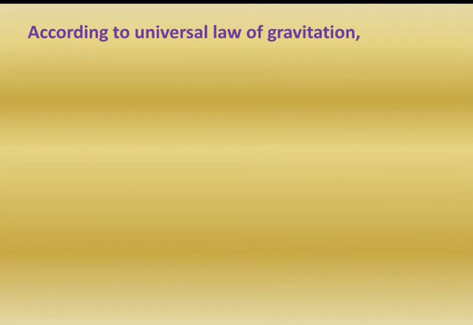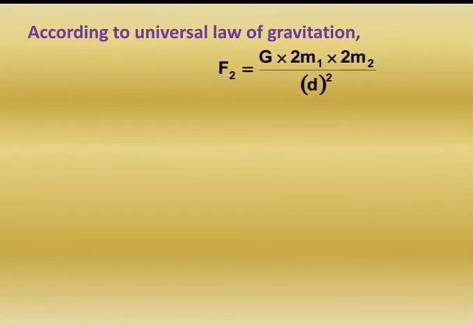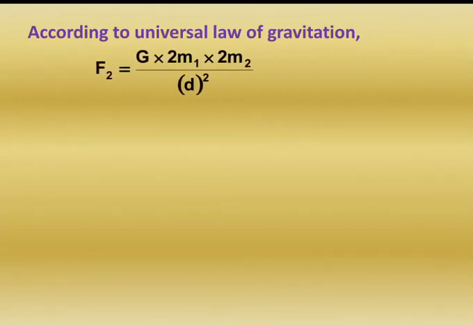According to the universal law of gravitation, F2 equals capital G into 2m1 into 2m2 upon d square, or F2 equals 4G m1 m2 upon d square.